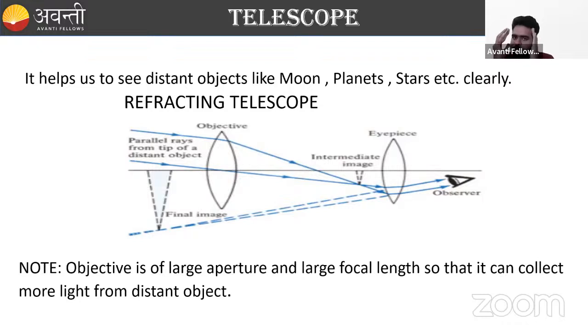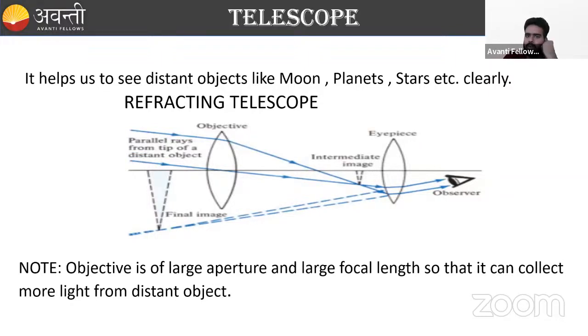So we think if there is any possibility to increase the visual angle, we can see the object with a telescope. By using a telescope, the distant object is effectively moved towards our eye. That's why we can see the clear image.